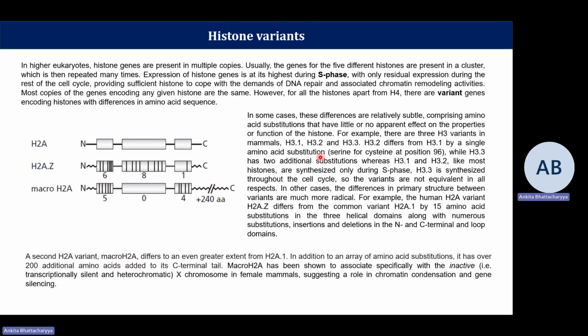Instead, you have certain alternatives or special histones that are expressed temporarily, in response to certain environmental signals or certain physiological processes, which is supported by the expression of these histone variants.